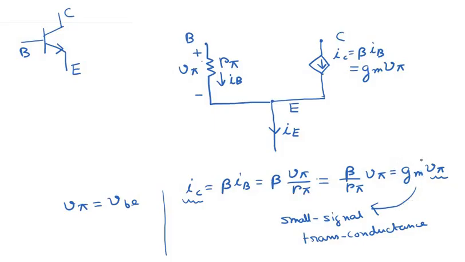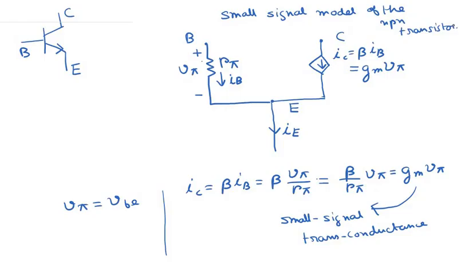So the base to emitter voltage is transforming to the collector conductance through this parameter GM. That is why this parameter is known as transconductance, in the sense that the conductance is transferring from the base to emitter junction to the collector point. So in that sense, this is known as the small signal transconductance. So this is basically the small signal model of the NPN transistor.